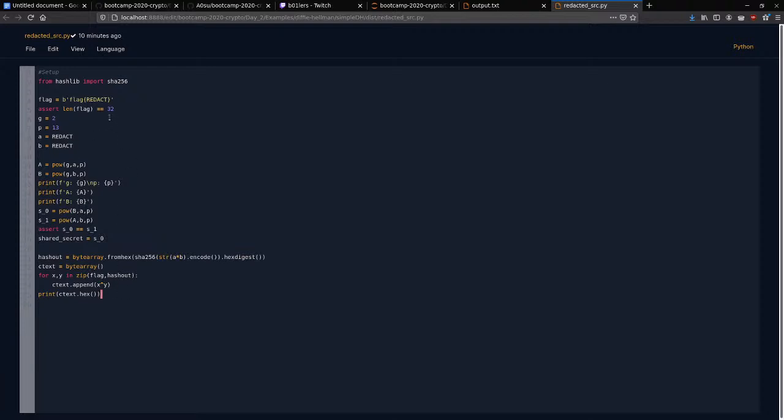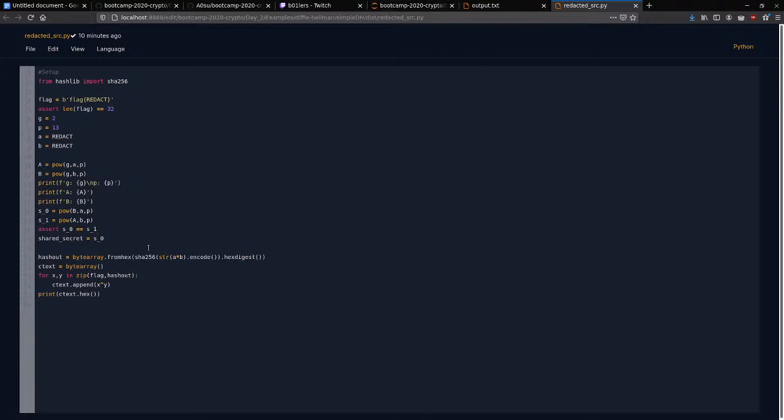So without being able to find the SHA-256 of the shared secret, it becomes difficult to solve. Just to show that the shared secrets, B raised to a and A raised to b, with the public to private, are equivalent, I put this assertion.